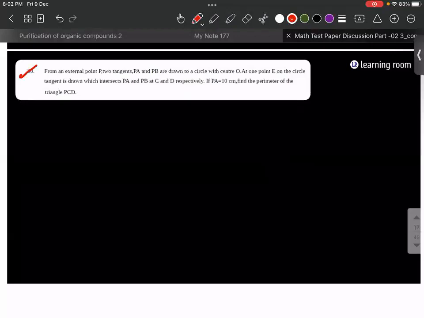Question 30. From external point P, two tangents PA and PB are drawn to a circle with center O. At one point E on the circle, a tangent is drawn which intersects PA and PB at C and D respectively.